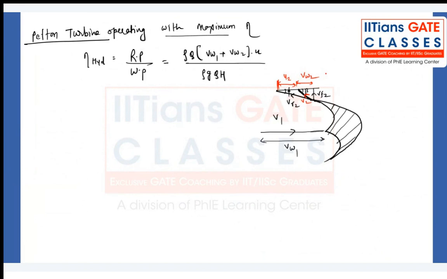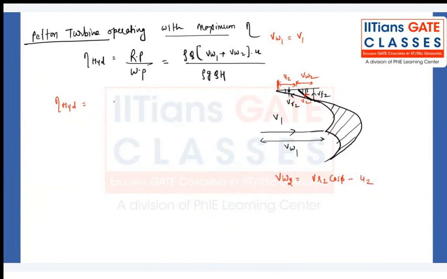Now clearly, if I write everything in terms, hydraulic efficiency can be written with v omega 1 as v1. What about v omega 2 from this diagram? Can we write vr2 cos phi minus u2? Yes, we can.